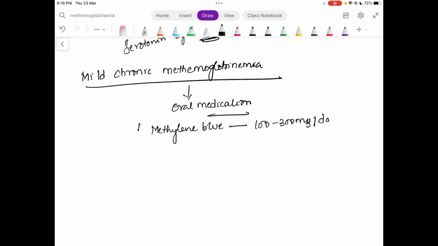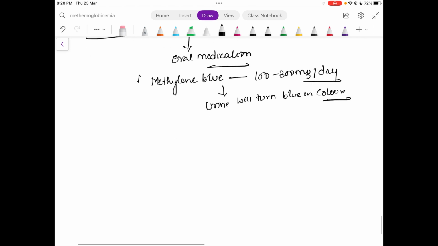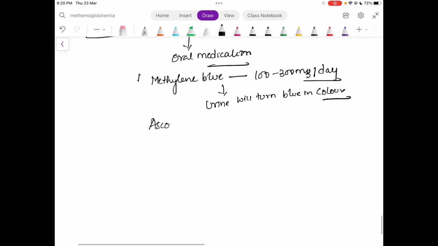It will be around 100 to 300 milligrams per day, and you have to explain to the patient that urine will turn blue in color. Okay, this you have to explain to the patient.